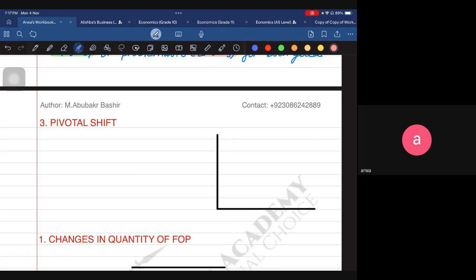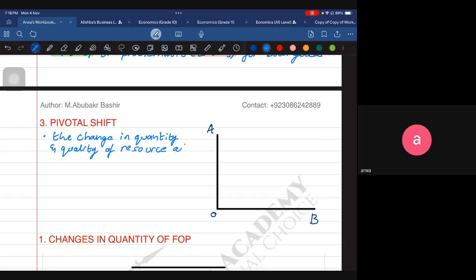Now we talk about the pivotal shift. The change in quantity and quality of resources affects only one good, or affects one good more than the other.